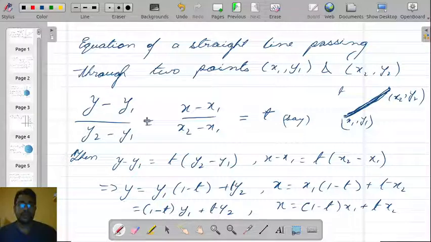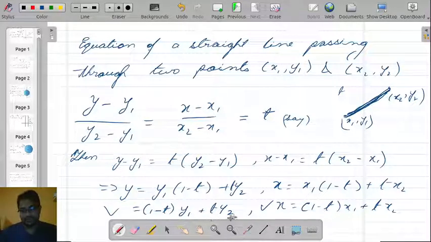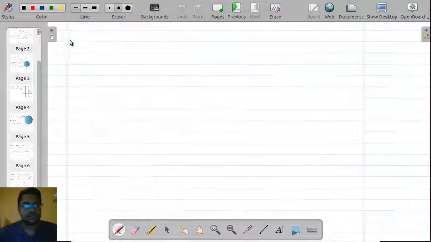So here what I have done is I have got the parametric equation of the straight line. That means any point on this straight line can be written in this form. Let us write that.